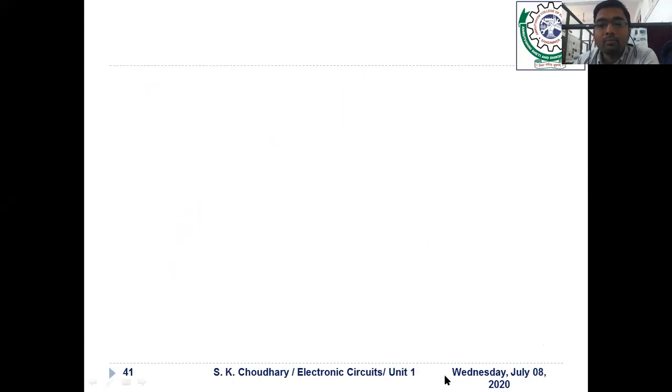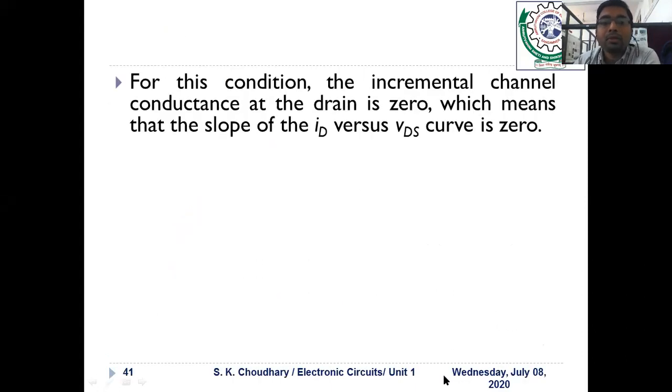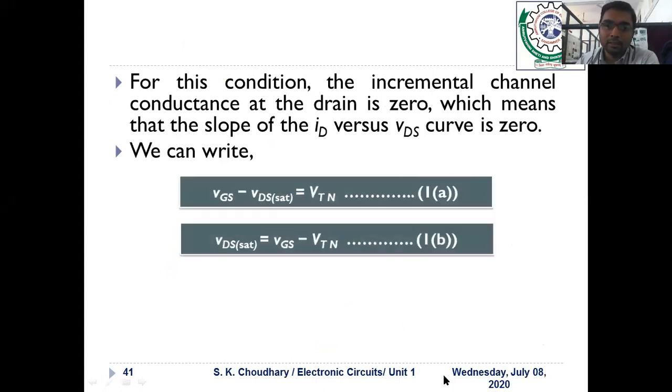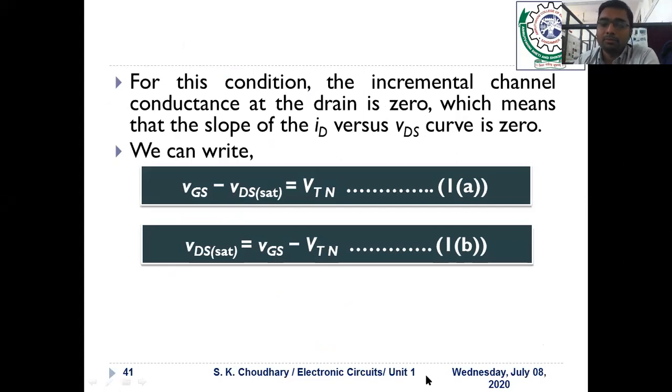See in the next point, the conductance at the drain is 0, which means the slope of ID versus VDS is 0. That's why it becomes parallel to the x-axis. So we can write a relationship between gate to source voltage and drain to source voltage: VGS minus VDS sat is equal to the threshold voltage.